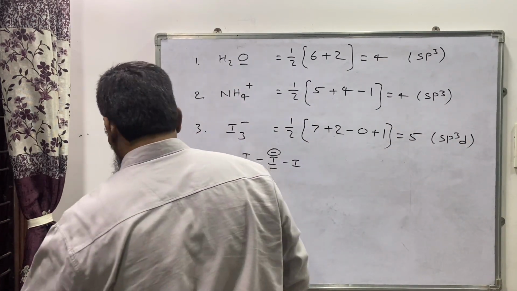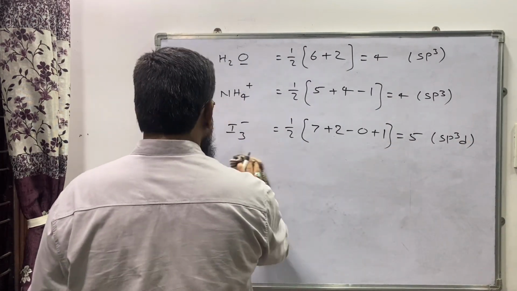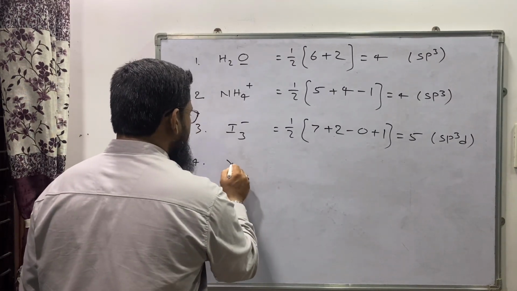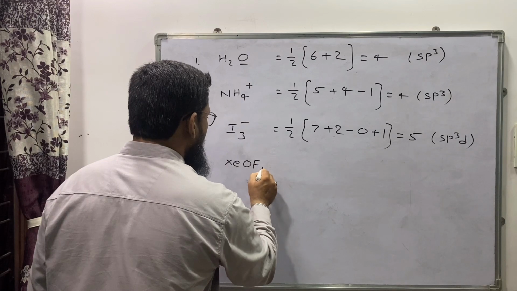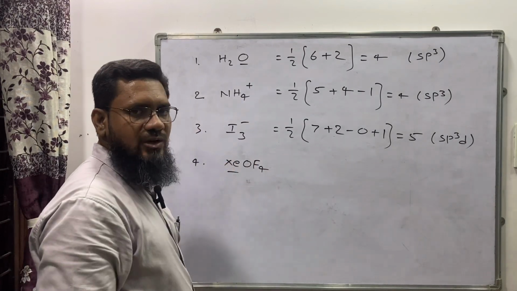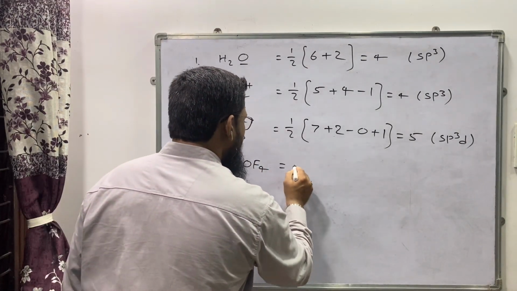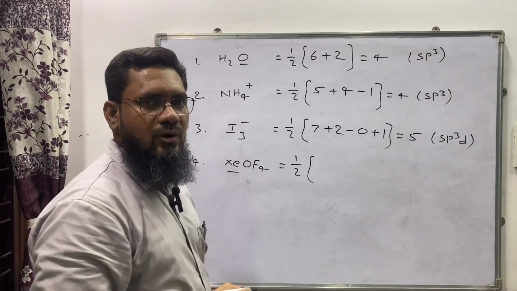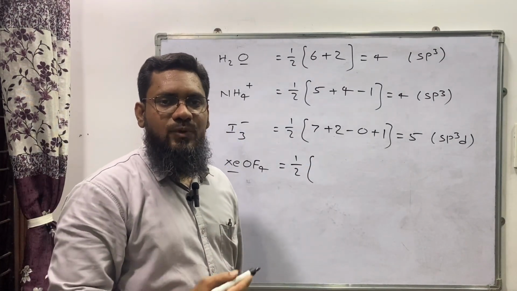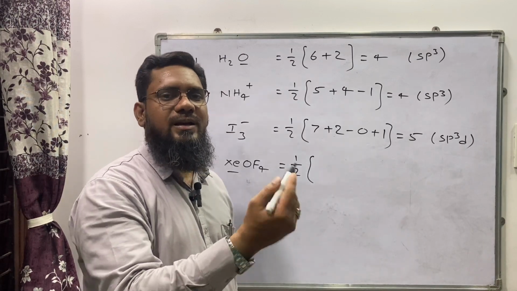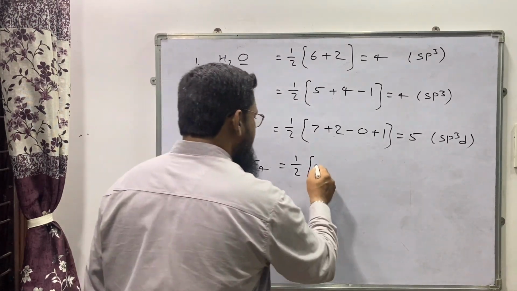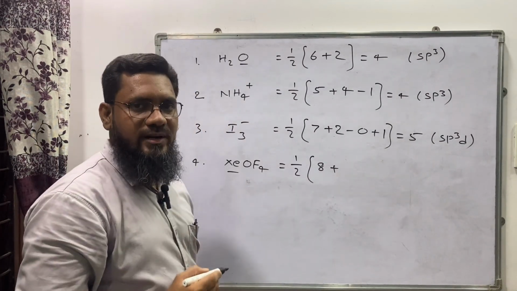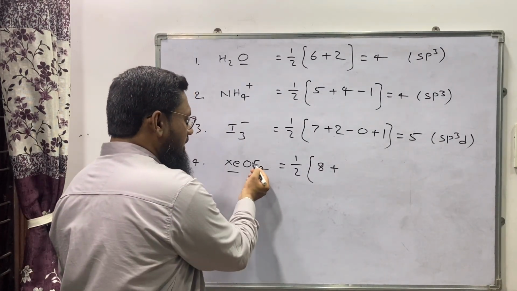Now let's see another example. For example, XeOF4, here xenon hybridization we need to find. We can calculate by half of V. You know xenon belongs to the inert gases, and inert gases are having the 8 valency electrons. So here we take the 8, V plus X. X is the number of monovalent atoms. Here we have the fluorine and oxygen.